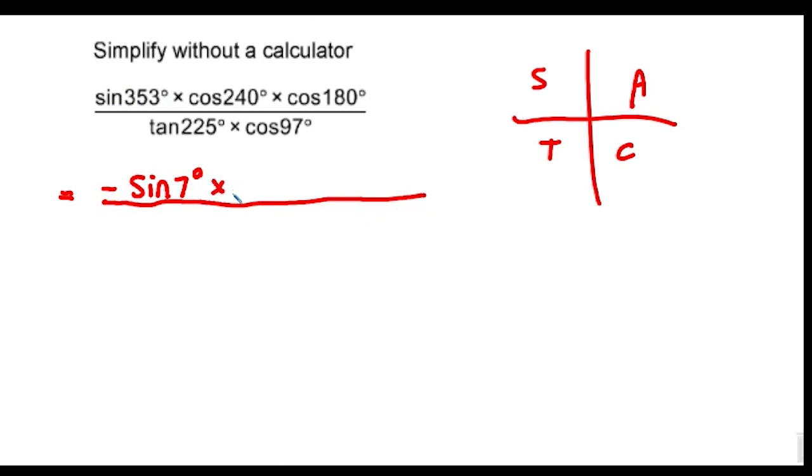Cos 240, I'm in quadrant 3, cos is negative in quadrant 3, and I'm 60 degrees away from a horizontal axis. Notice I'm choosing to use the horizontal axis each time. Cos 180, well, that's actually a special angle. I could get it directly from a calculator, but let's just think how we could do it without a calculator.